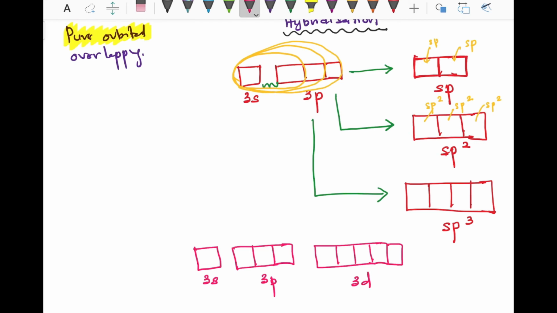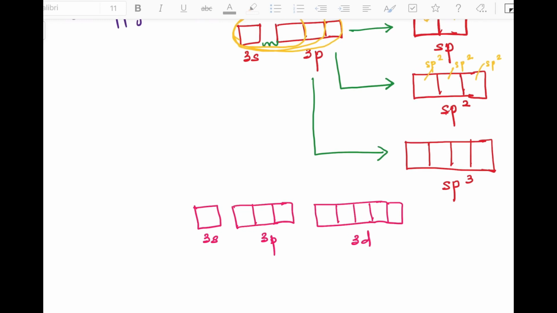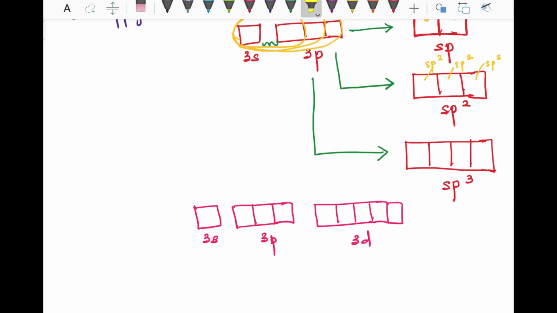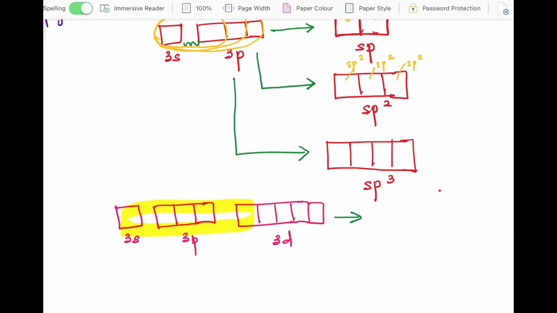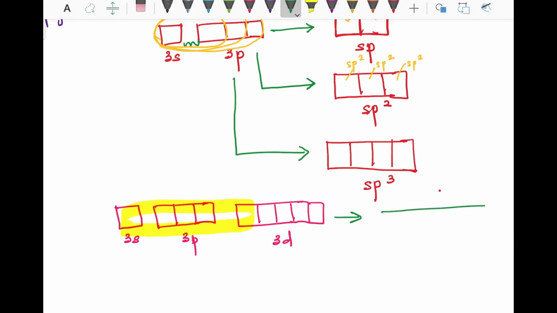If we take one s orbital, p orbitals, and one d orbital, in this case our product is sp3d.